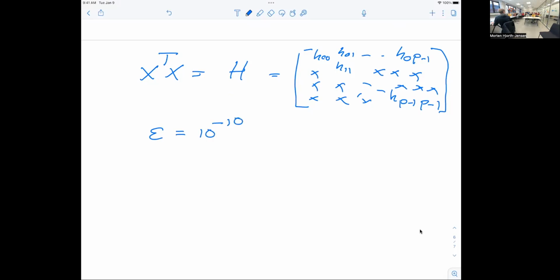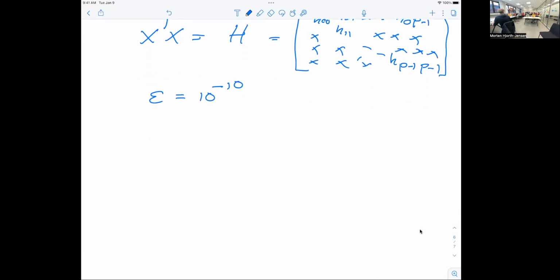You can see, if you take a 2 by 2 matrix, that you can get a determinant which is only 0. So what you would do then is simply to have H00 plus epsilon, H11 plus epsilon, and up to H P minus 1, P minus 1 plus an epsilon.